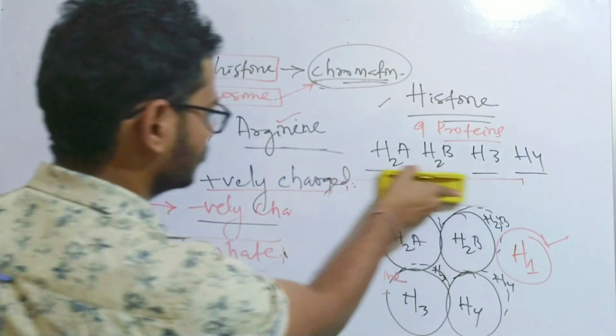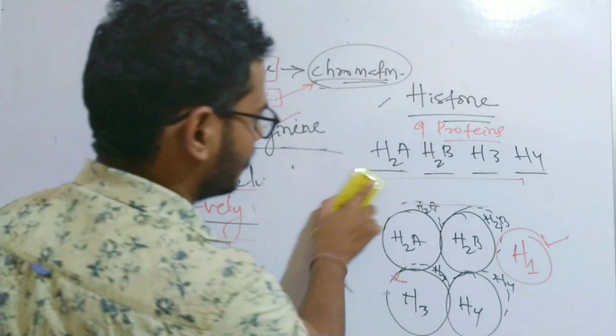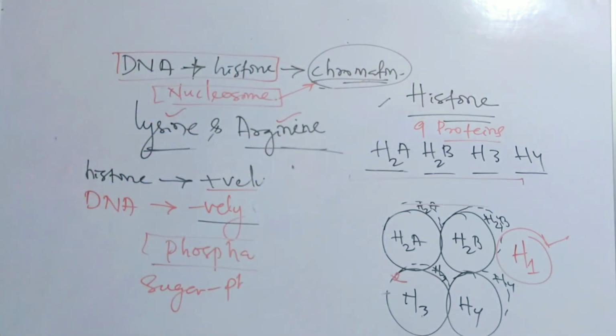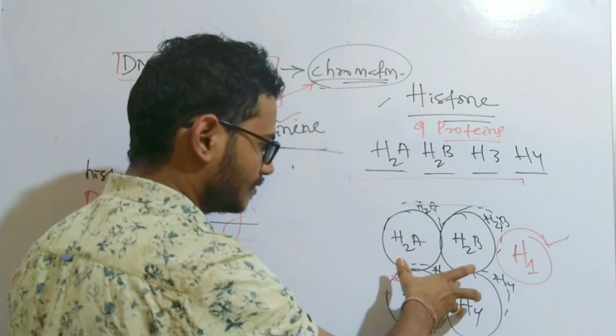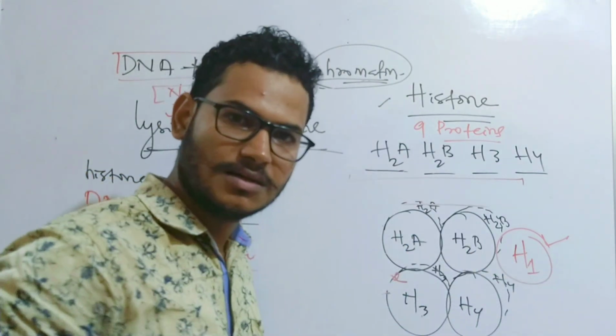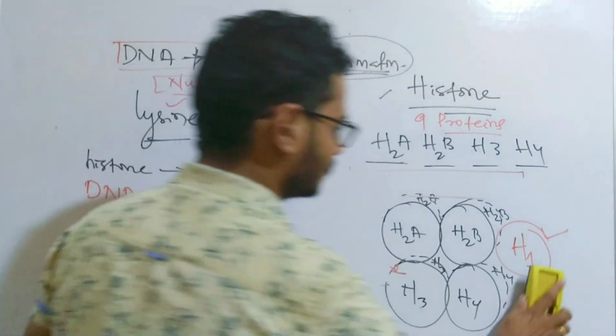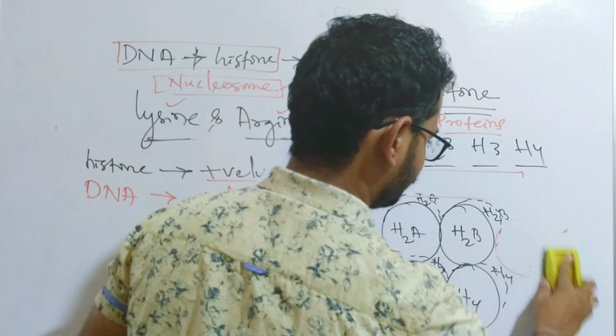This is the histone octamer. It has 9 proteins. The octamer has 4 into 2, meaning 8 proteins, and 1 H1. So this H1 will not come under the octamer structure.